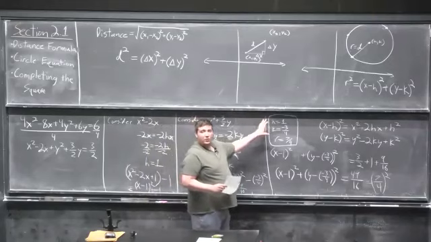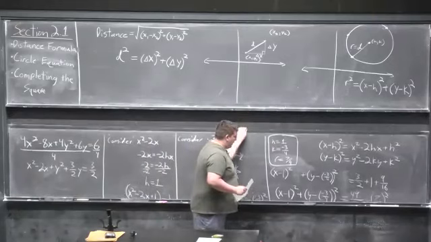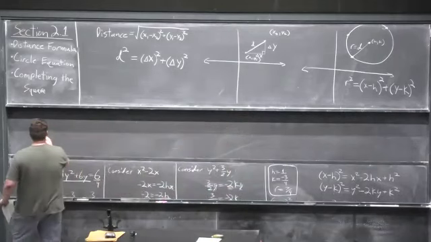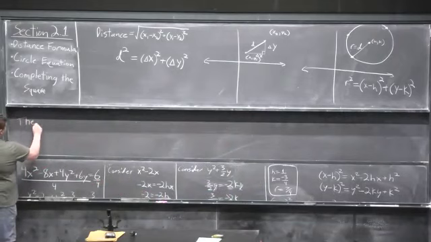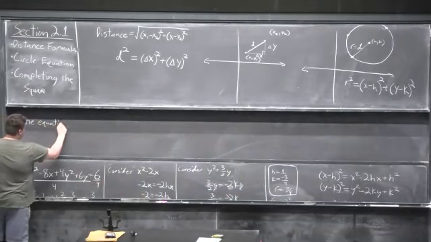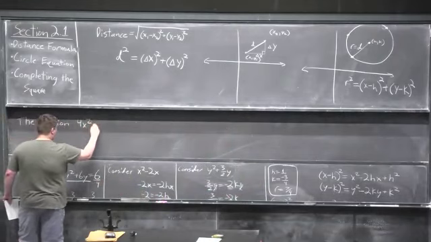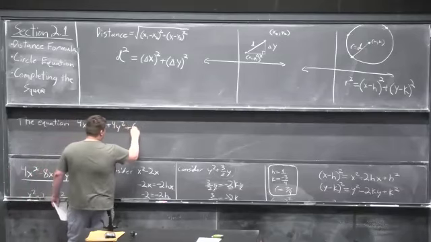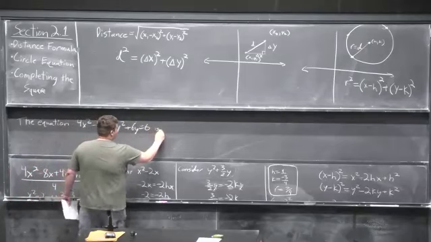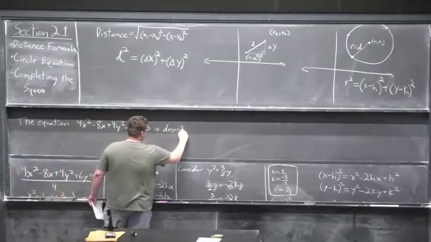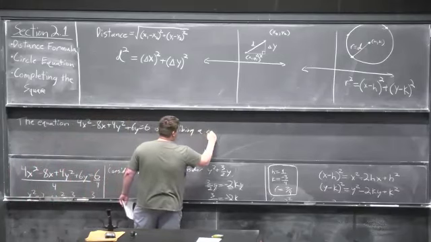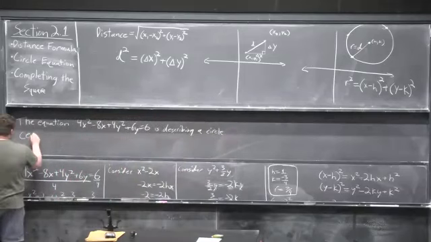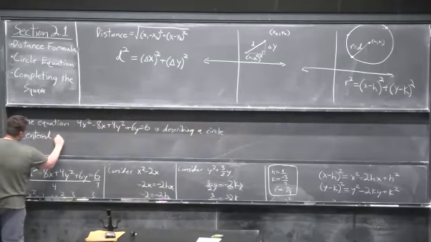This doesn't tell me what's going on. Instead, what we can do is take this information, and leave that there because I'm just going to write a sentence, and say the equation for x squared minus 8x plus 4y squared plus 6y equals 6 is describing a circle centered at the point.